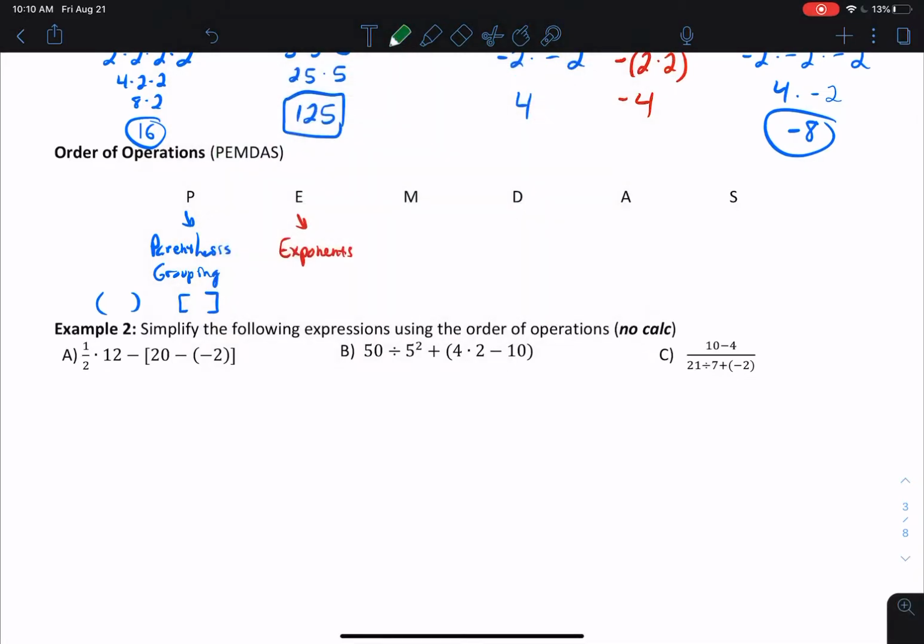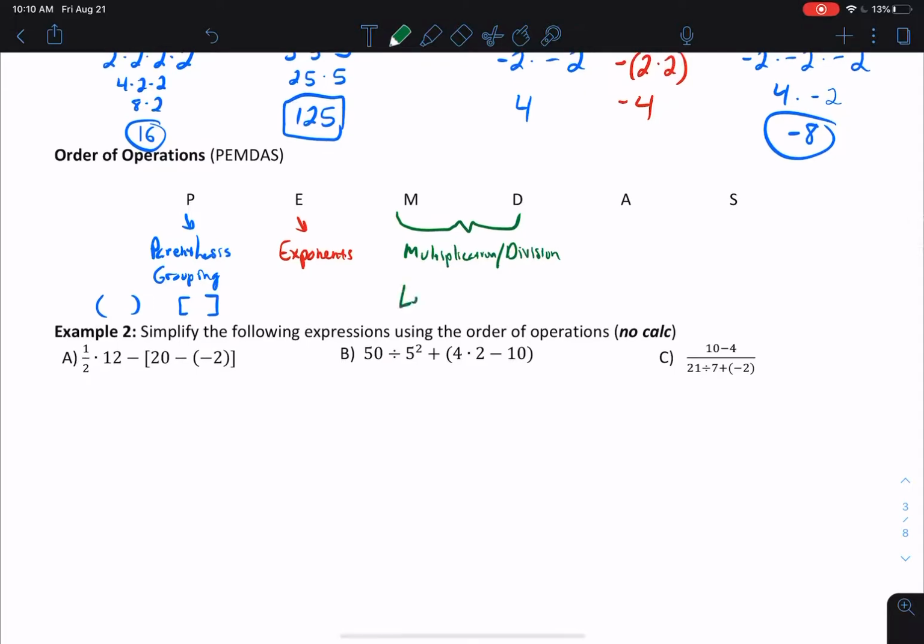Next is multiplication and division. So these we handle from left to right. Okay, so if the first thing you see is division, then you do that. The first thing you see is multiplication, you do that.